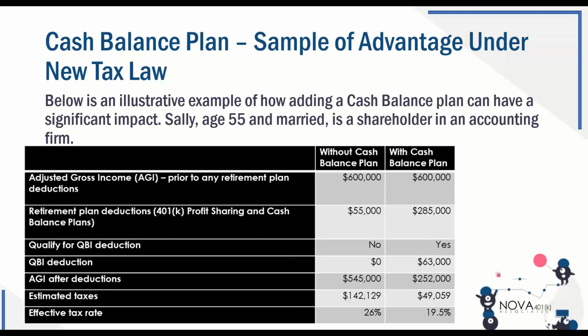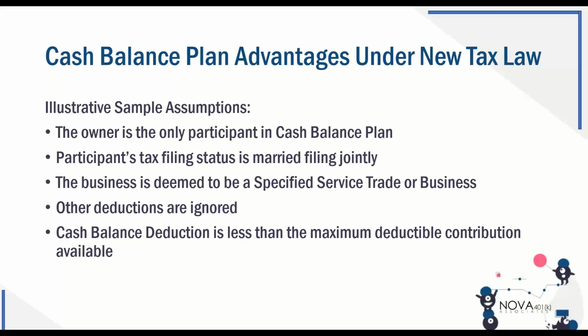But in this instance, by adding a cash balance plan with a higher deduction, it made Sally qualify for this QBI deduction, and she saved $100,000 on her taxes. So it's a very real advantage. If you qualify for it, please bring this up with your accountant and get them involved whenever you're adding something like this.